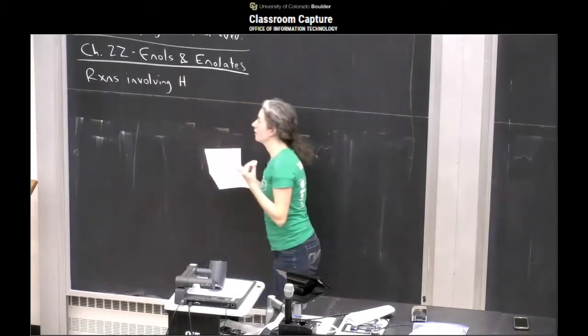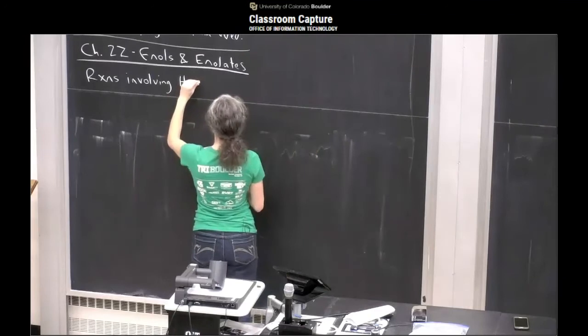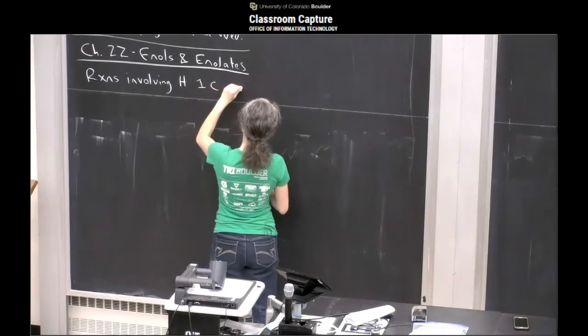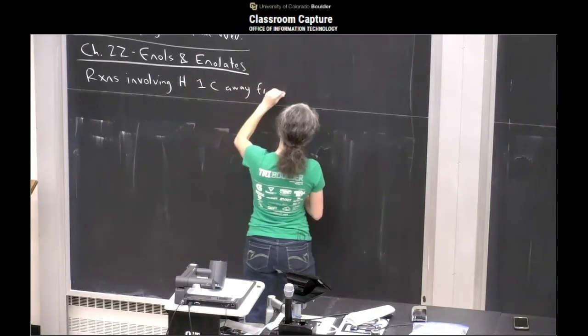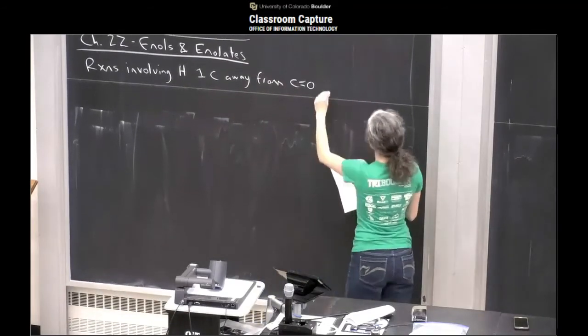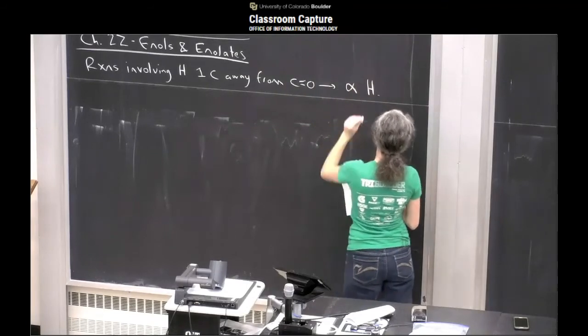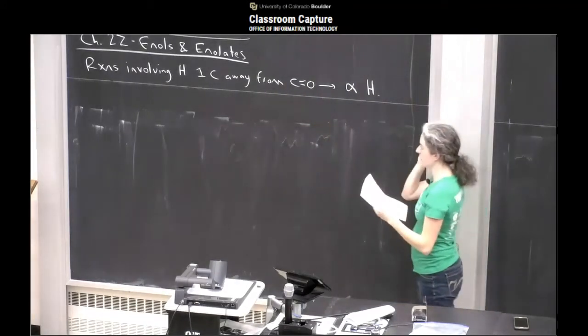These are reactions all involving the H that's one carbon away from the carbonyl. In other words, these are all going to be called the alpha hydrogen or the alpha proton.